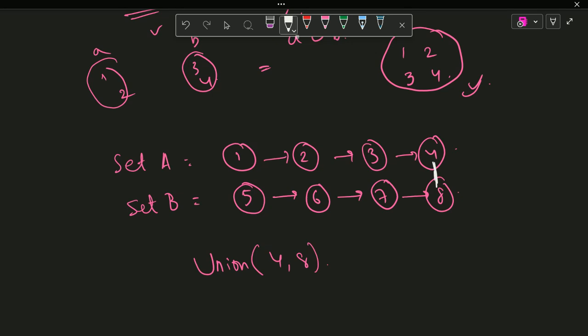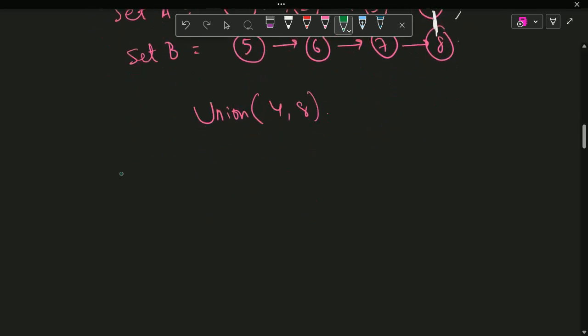Now set A will become 1, 2, 3, 4, 8, 7, 6, 5. It is similar to the set representation. Finding the union means we should join all the elements. Here also we are joining all the elements. Let us see some conditions, when and where to join.